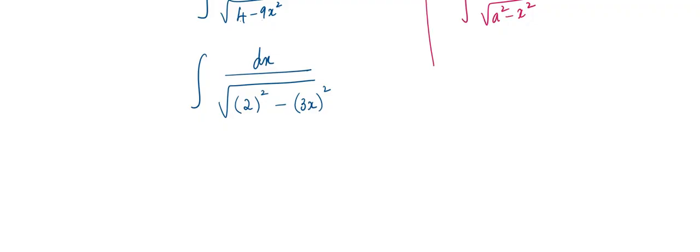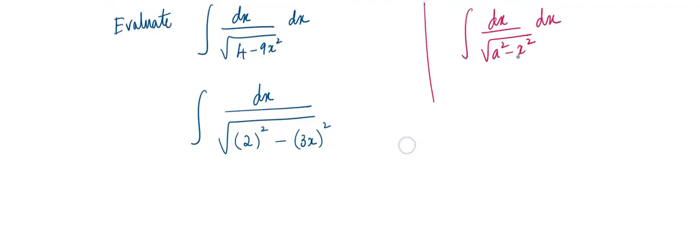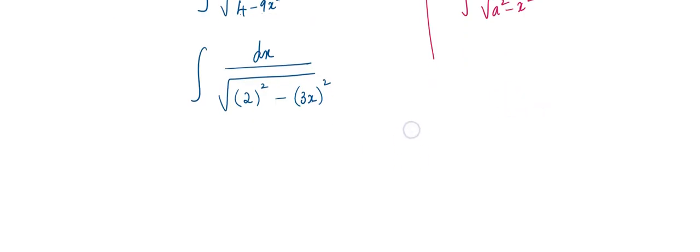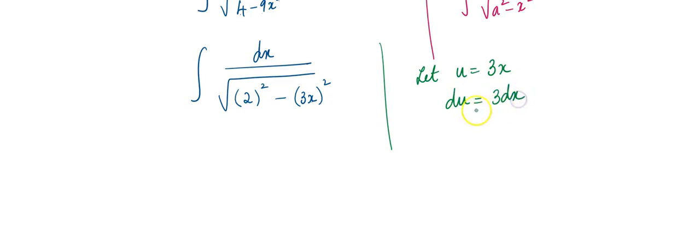Please remember, don't take it lightly that you've got the format resembling very close. The format works only if it is an exact x that you can directly substitute for the answer as sine inverse of something. So to get there, we have to use the substitution method. So let u be equal to 3x. So du is 3dx. There's only a dx on the top, so we have to divide out by 3.